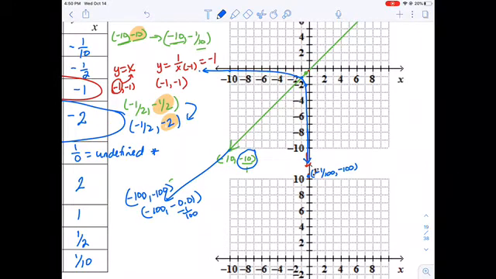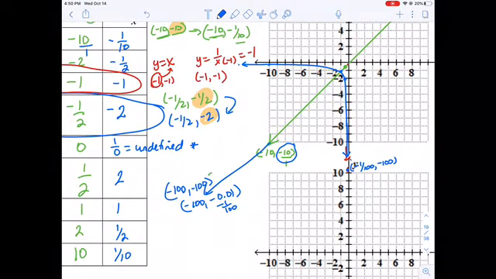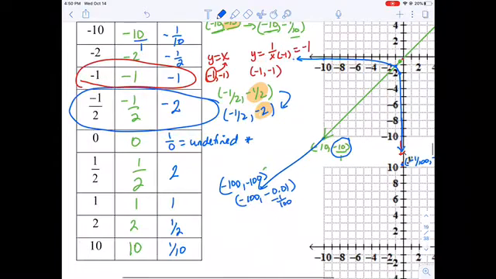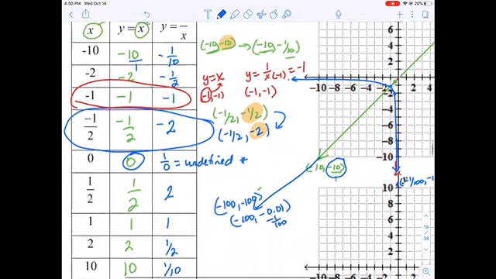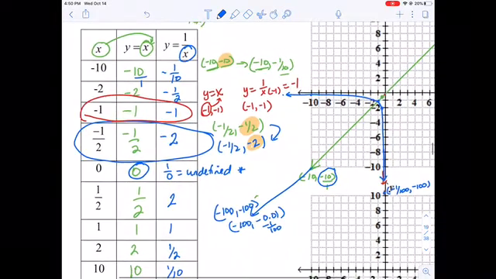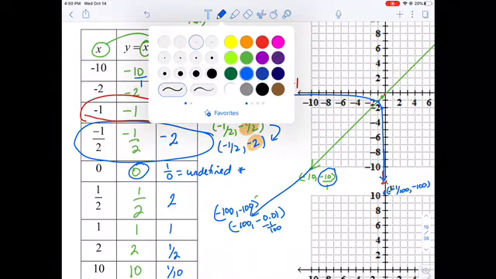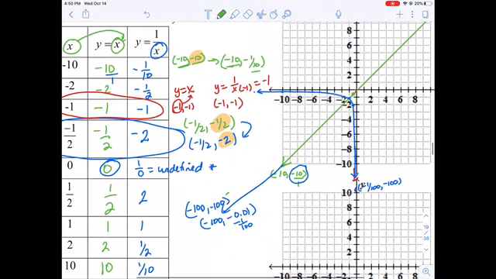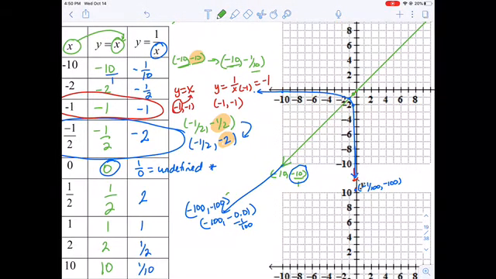Now, where x is 0, okay, when we input a 0 for x and y was 1 over 0, we got undefined. And what that does is that at that point where x is 0, we went from 0, 0, which was our x-intercept right here, to 0, undefined.